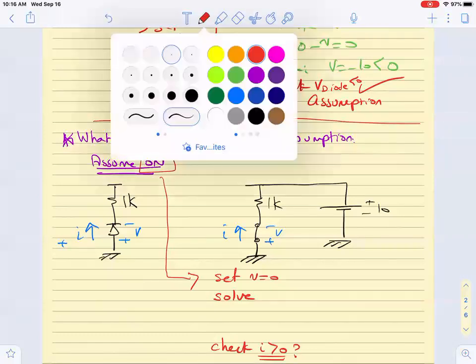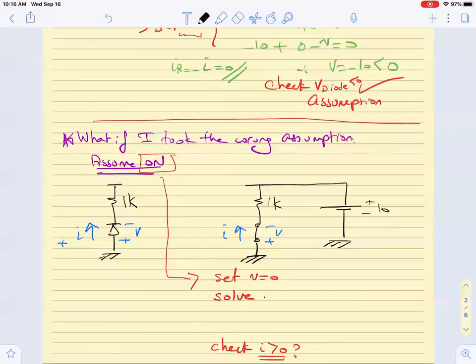Here we have minus 10. If I go plus in this loop, plus VR, which is the voltage across the resistor, equal to 0.